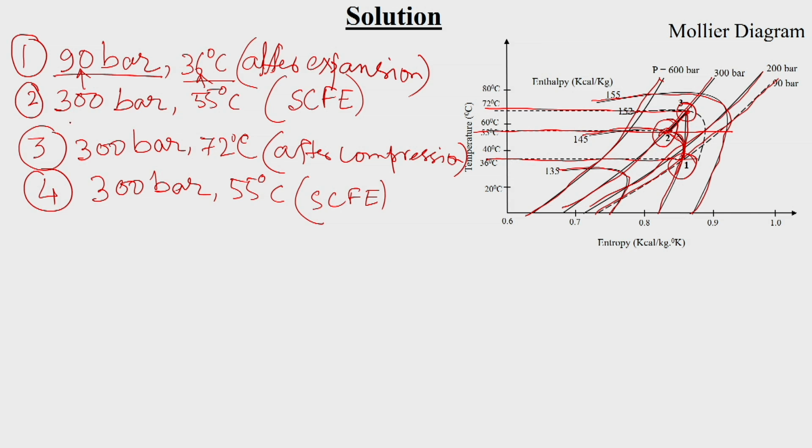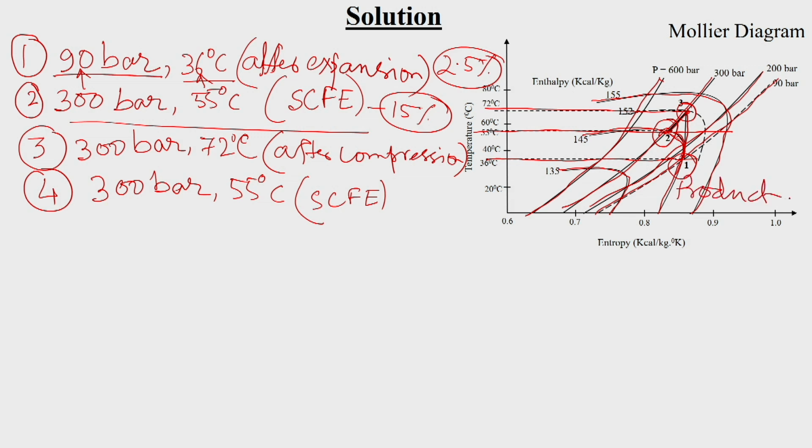In this condition the solubility is 15%, and in this condition the solubility is only 2.5%. Due to the solubility difference, the solute will be separated as a precipitate. So at point 1 we will be getting the product as a precipitate.